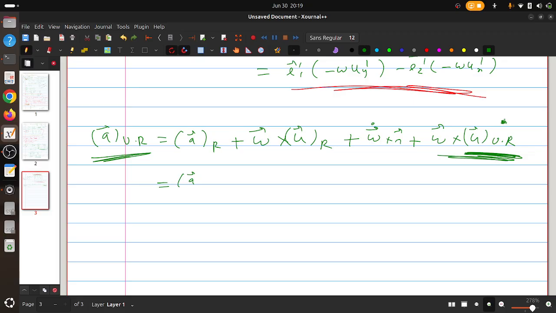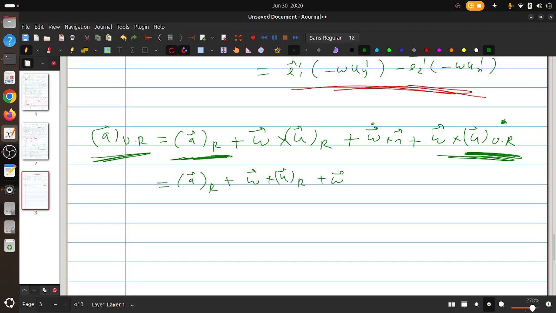Because then we are having mixed terms, but we just want rotating and unrotating separately. So we want to express the rotating frame thing in terms of the unrotating frame and then the quantities which are measured with respect to the rotating frame, right? We don't want to rely on the unrotating frame now. That's why we should express this thing as a function of the rotating frame.